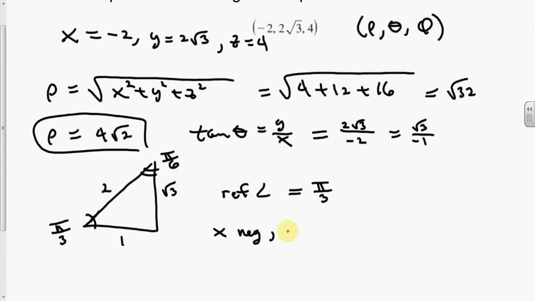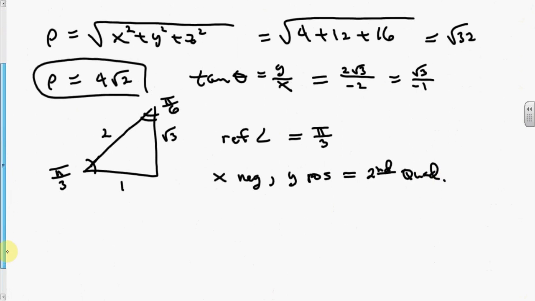Yeah, x negative, y positive, second quadrant. So if it's the second quadrant, theta, the angle, is pi minus pi over 3.